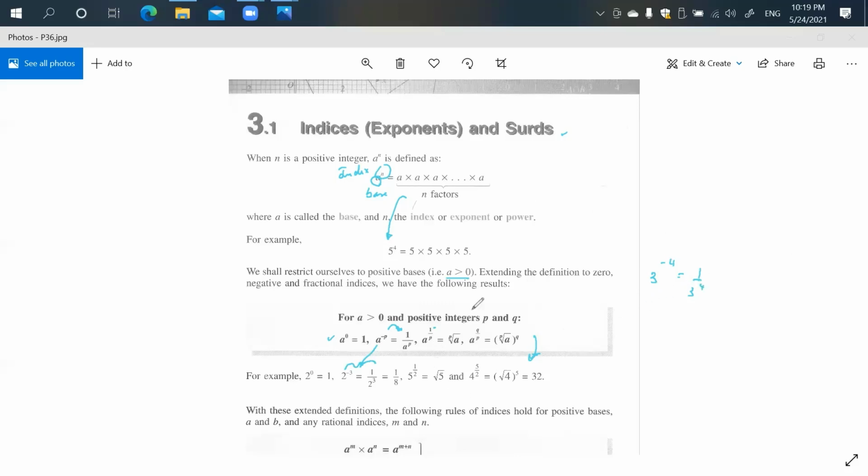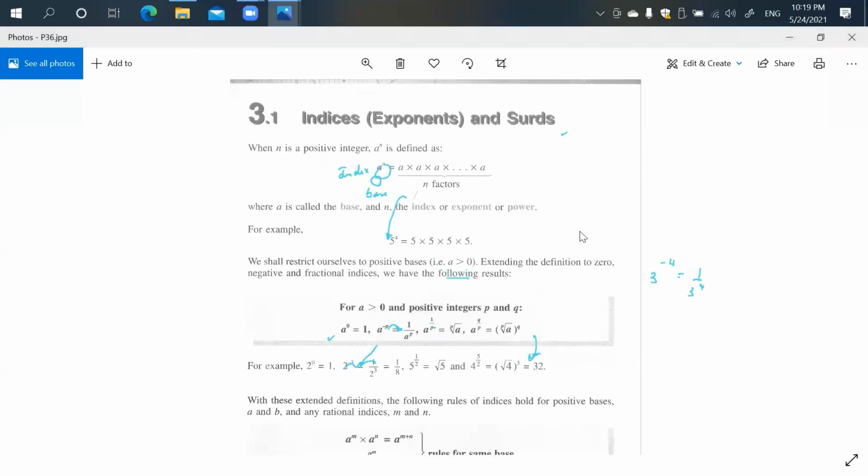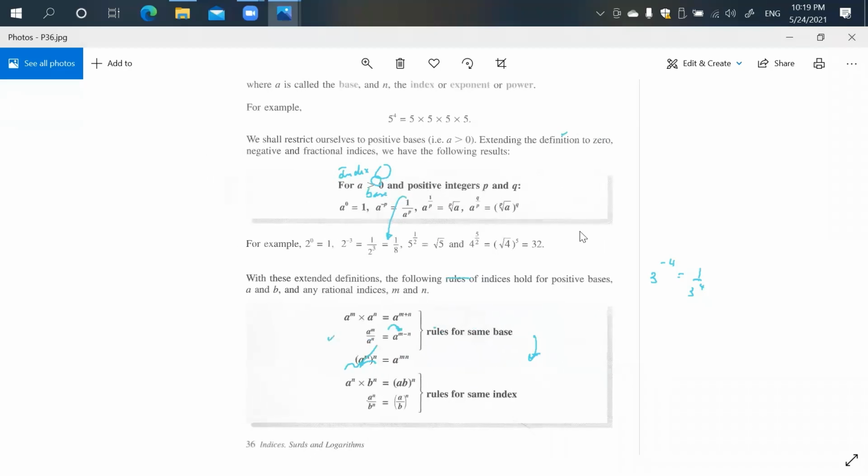Okay, now we see more formulas down here. I have to erase the old one first, and then you can see more clearly.